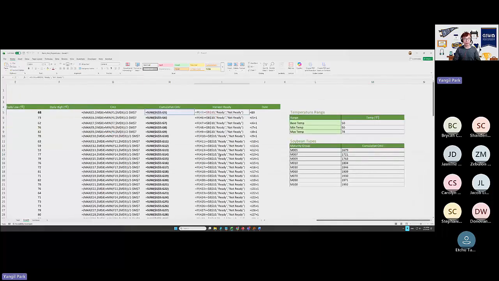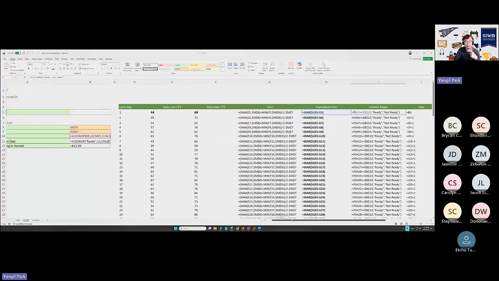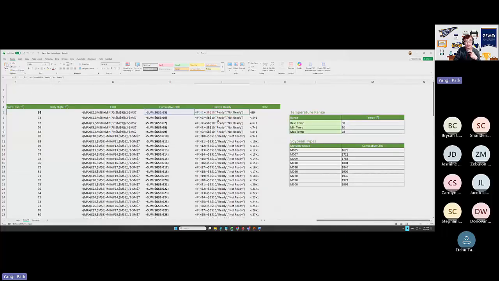Here, F5, which is the cumulative CHU for that particular cell, is greater than or equal to B10, which is 1,721, the same thing as here. B10 is coming from this area.